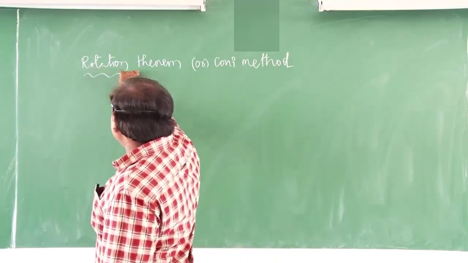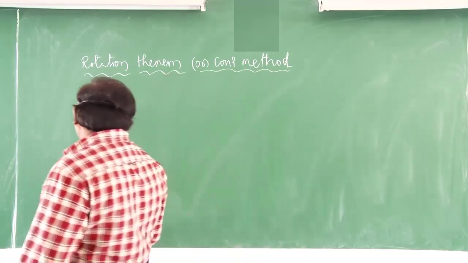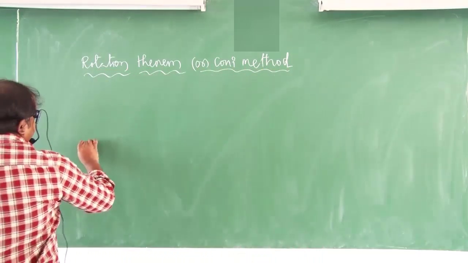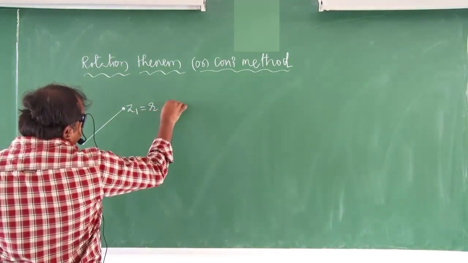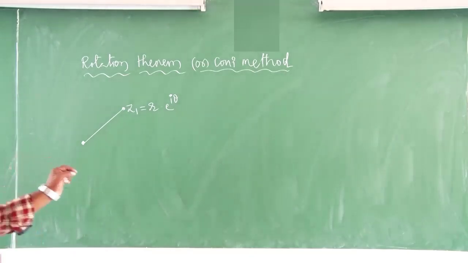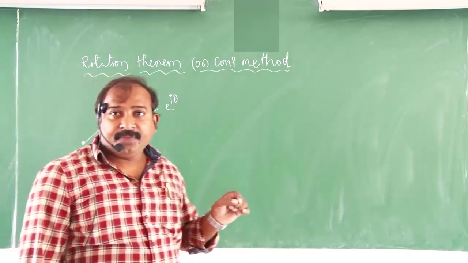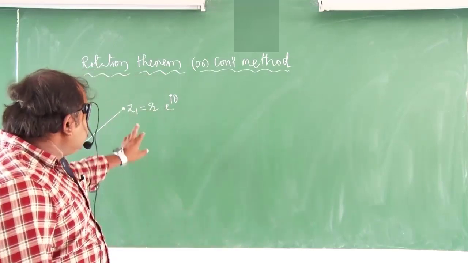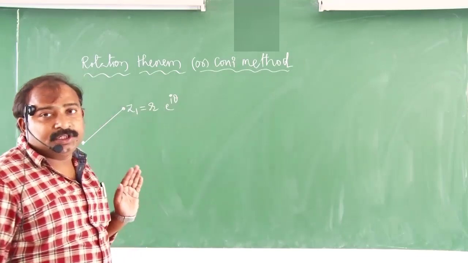Rotation theorem or Coney method means, for example, let Z1 equal R into e power i theta. What is that meaning? Z1 is one complex number with modulus value R and argument value theta.